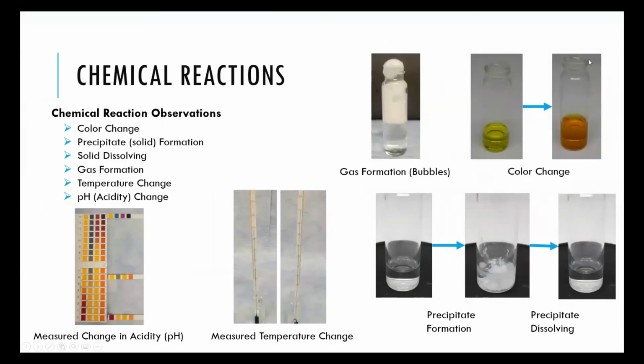The first part of the experiment is really just focusing on observations themselves. You're looking at a number of different chemical reactions performed in small test tubes and getting a sense of what types of observations you can see that indicate a chemical reaction has occurred.